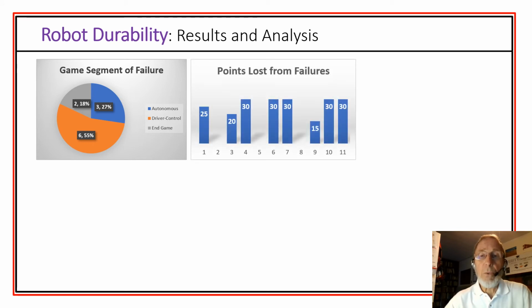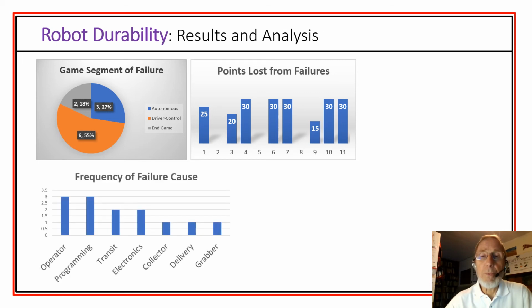Points lost, in other words, impact, that was in terms of points. We could plot those and see what kinds of costs we were incurring from these failures. And then another important approach is to cluster these failures into groups.